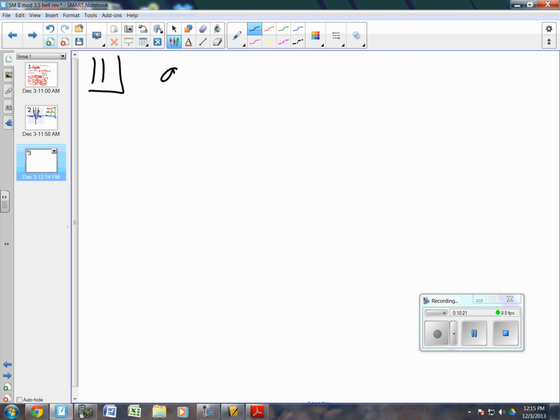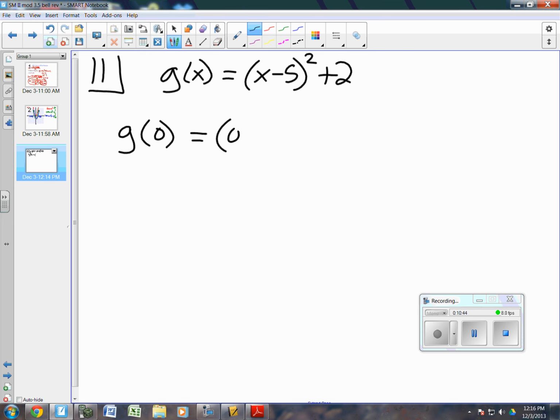You're given g of x equals (x minus 5) squared plus 2. So you're asked to first of all find g of what? Does that say g of 0? You can do this in one of two ways. I would just plug in 0. So that means I'm going to go (0 minus 5) squared plus 2, and I've got to simplify that.